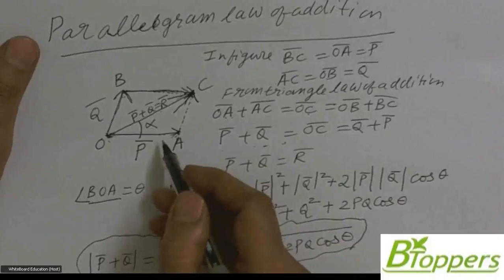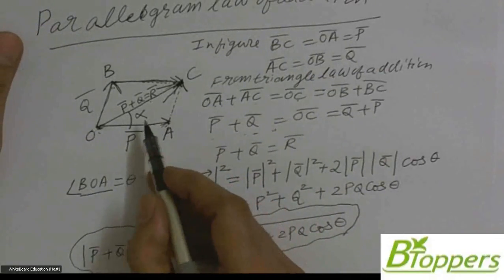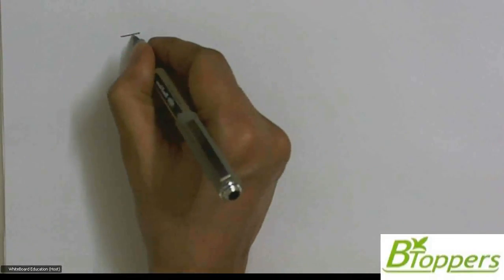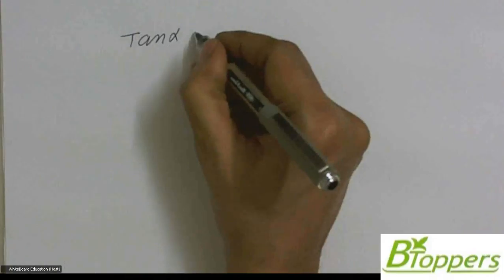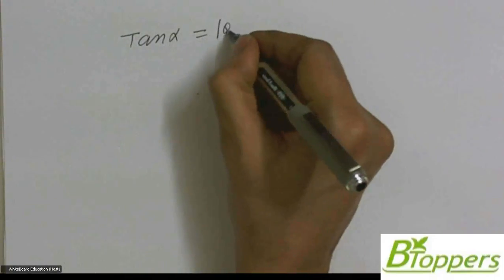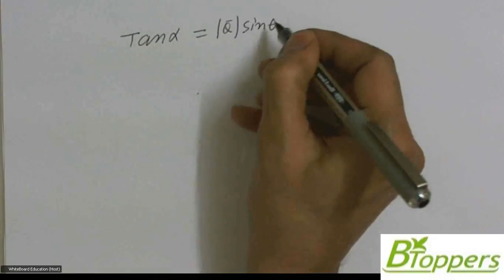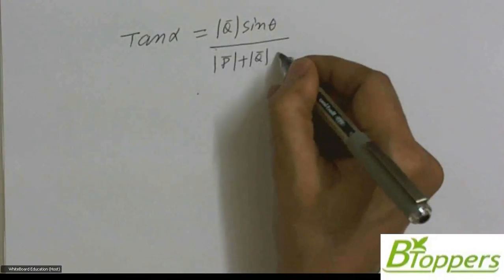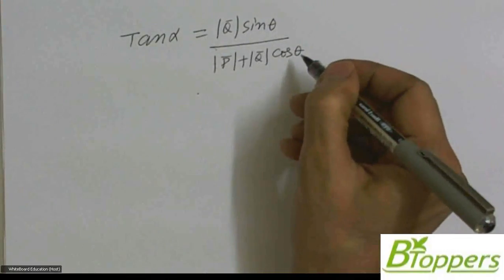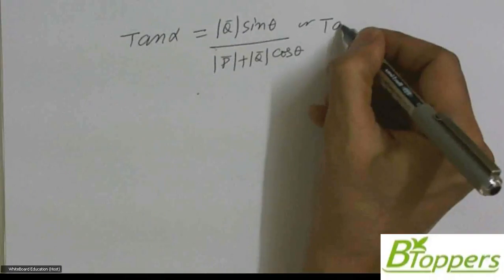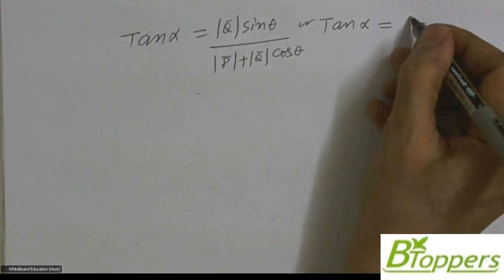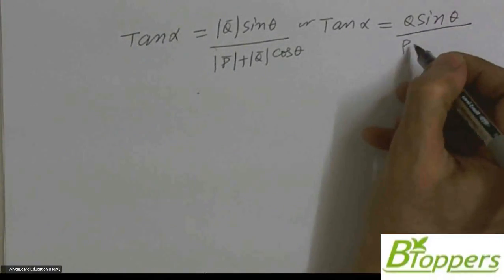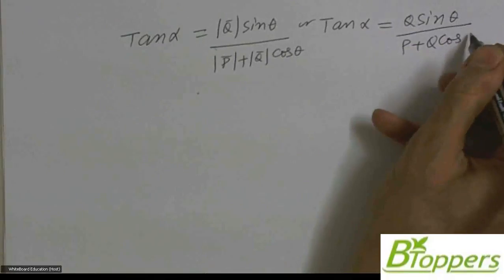So the formula which we use to know the direction of the resultant is tan alpha equal to magnitude of Q bar into sin theta by magnitude of P bar plus magnitude of Q bar into cos theta. Or we write it as tan alpha equal to Q sin theta by P plus Q cos theta.